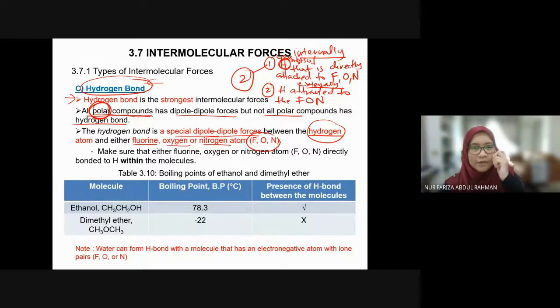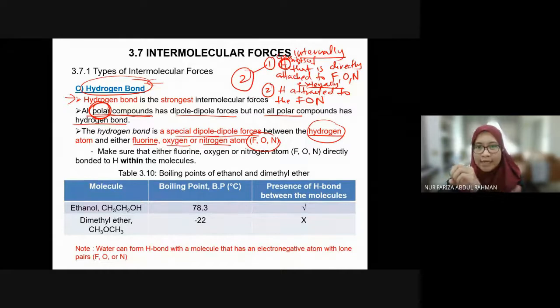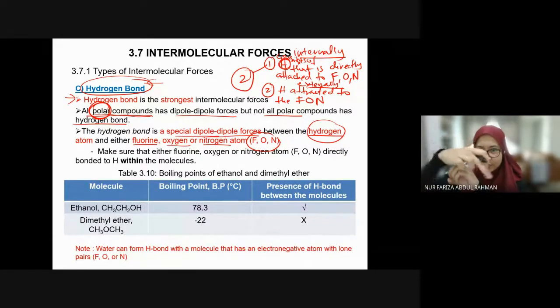You have to identify in the molecule itself, meaning covalent or whatever, intramolecularly the hydrogen should be bonded to FON. And then that same hydrogen is attracted to another molecule having F, O or N. So that force between the two is what we call hydrogen bonding. Hydrogen bond, or hydrogen bond forces.